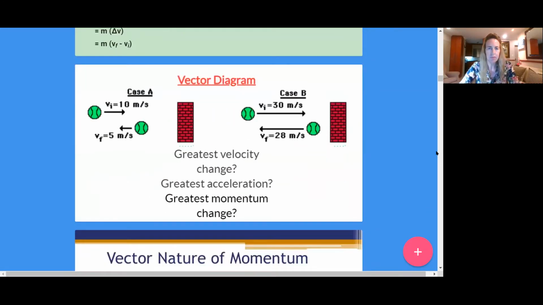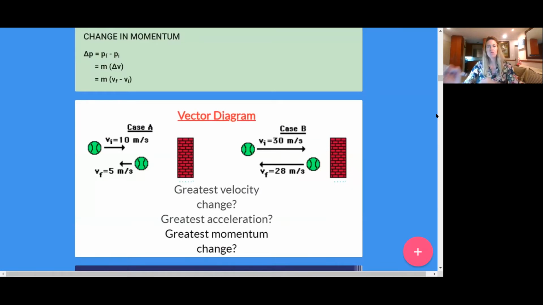Let's look at an example. So we can draw vector diagrams of the velocity of any object because velocity is a vector. And that simply means that it would be shown as an arrow pointing in a certain direction with a certain length, because a vector has both magnitude given by the length of that arrow and direction given by the arrowhead of that arrow or the direction of that arrow.